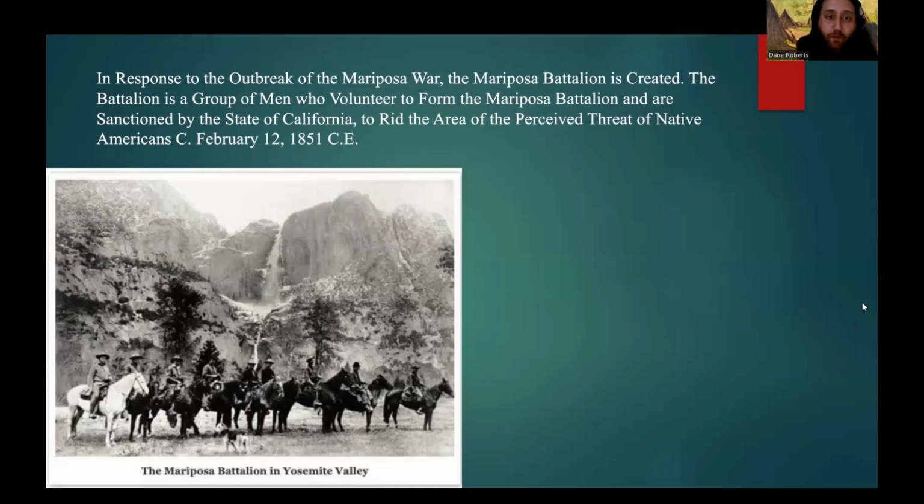In response to the outbreak of the Mariposa War, the Mariposa Battalion would be created, with the battalion being a group of men who volunteered and would be sanctioned by the state of California to rid the area of the perceived threat of Native Americans, with the battalion officially being formed on February 12th, 1851 CE.